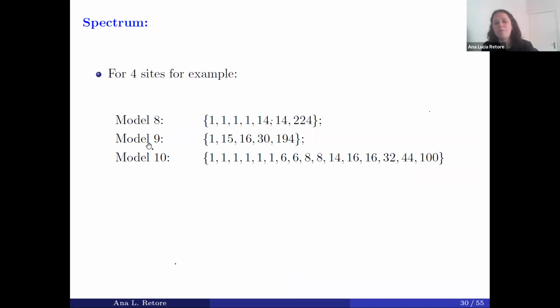But if you take these 3 models, they are very different. They all have SU2 plus SU2, and these are the degeneracies for 4 sites. The 3 have this behavior that electrons alone cannot move. They need to be in pairs to move on the chain when you act with the Hamiltonian. But they are very different. The 3 of them have SU2 plus SU2, but they have much more symmetry, and we don't know.